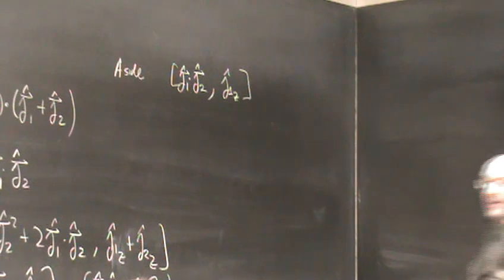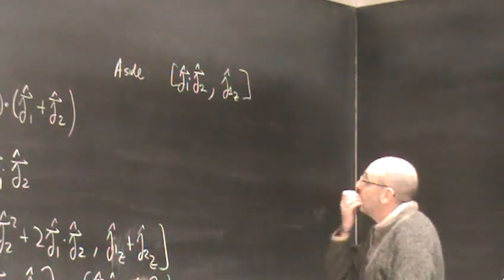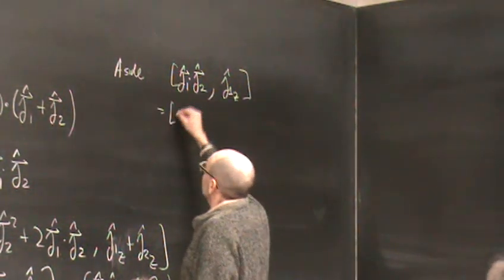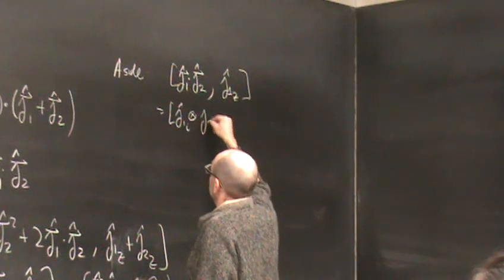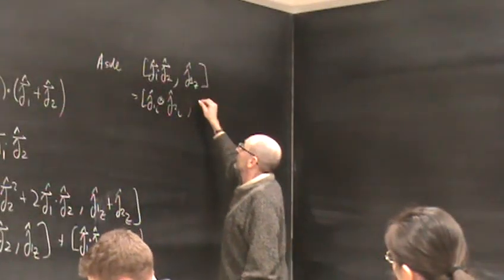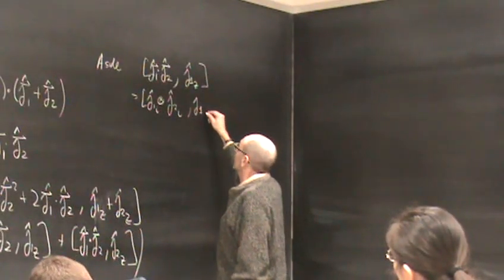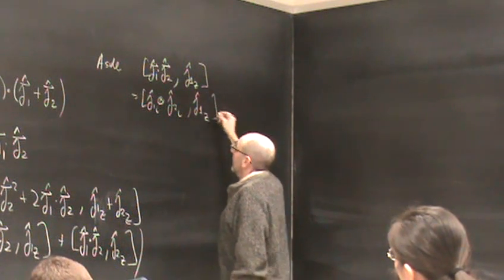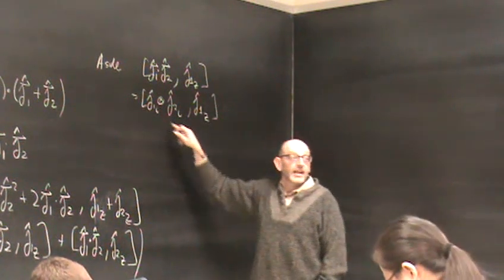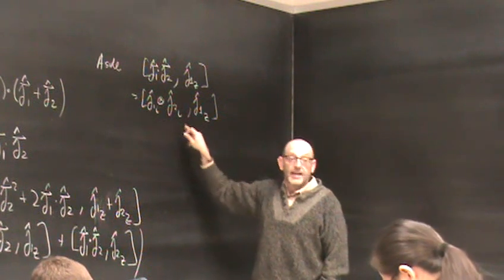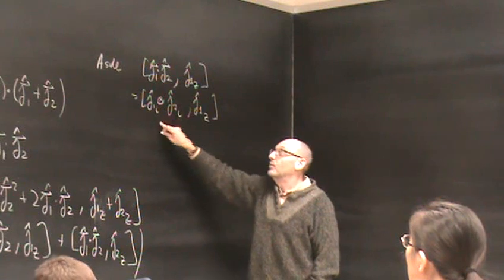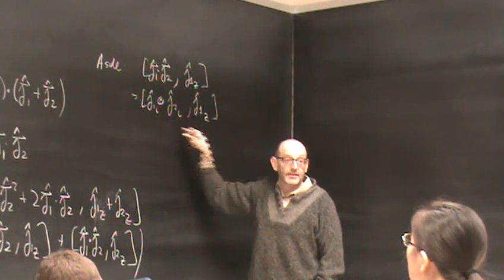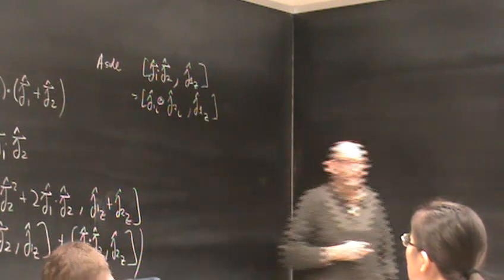So I write the dot product out as J1 ith component times J2 ith component, sum over i. I'm using the repeated index notation, right? So this is J1x times J2x, plus J1y J2y, plus J1z times J2z. That's the dot product, right?